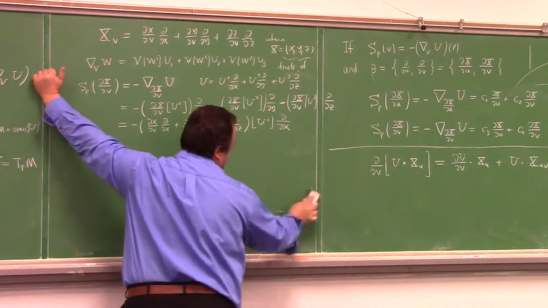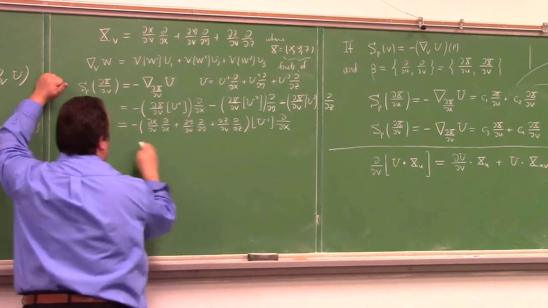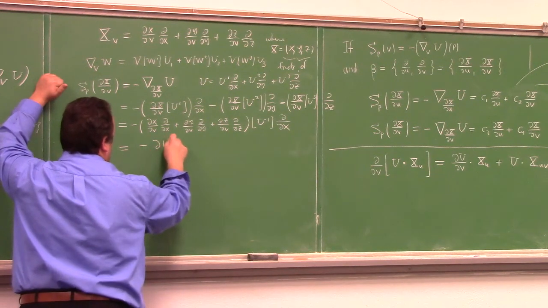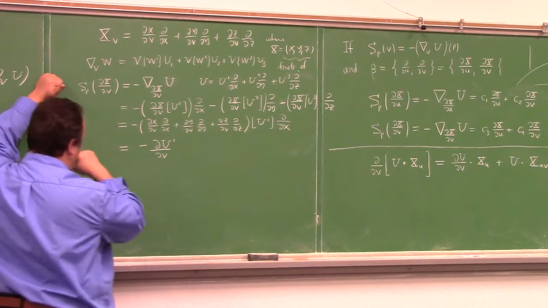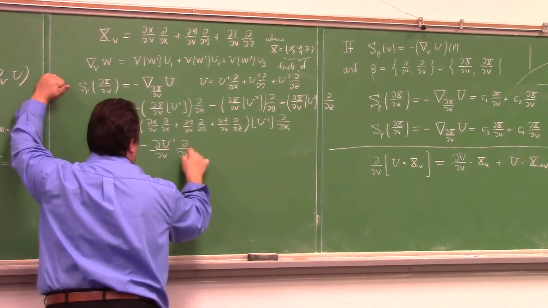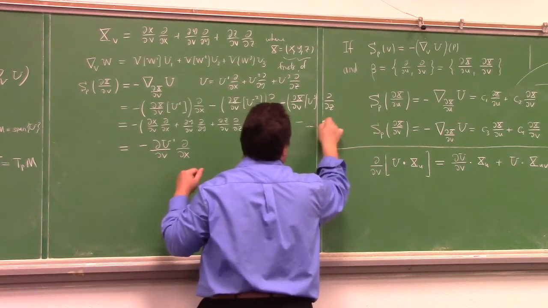and I admit the notation's a bit much, but this is actually what we would call minus partial u1 partial v in the partial x direction, and the other two.